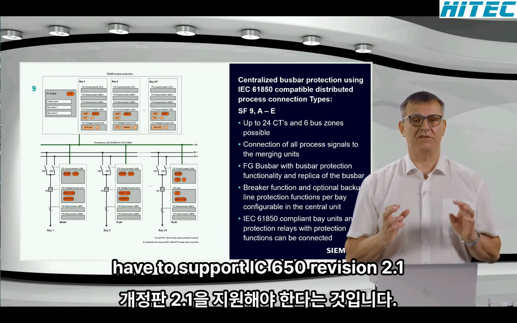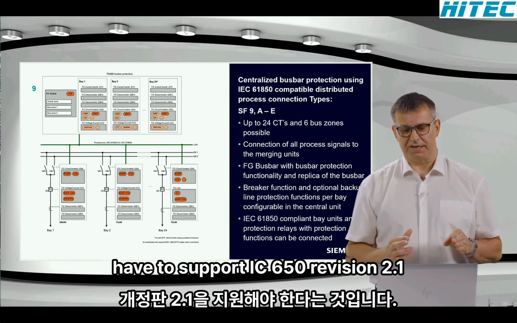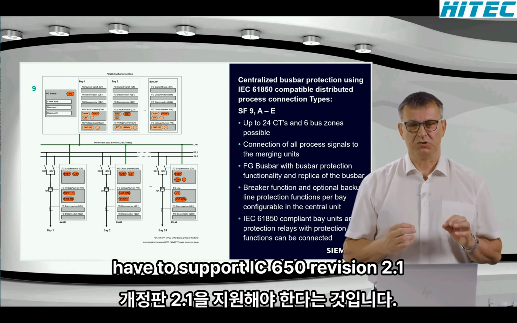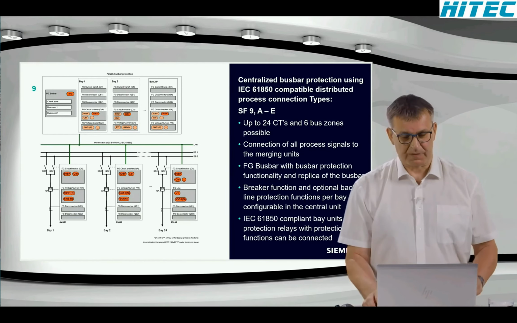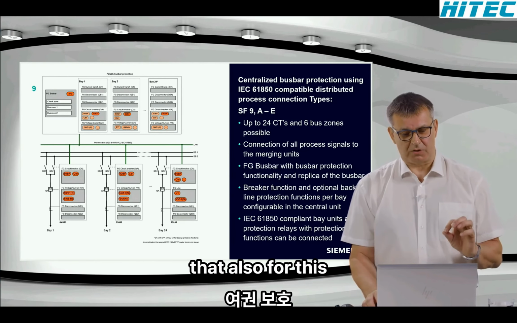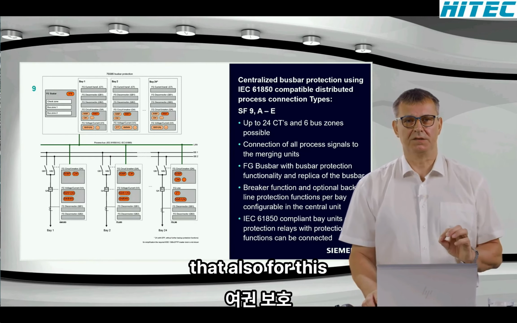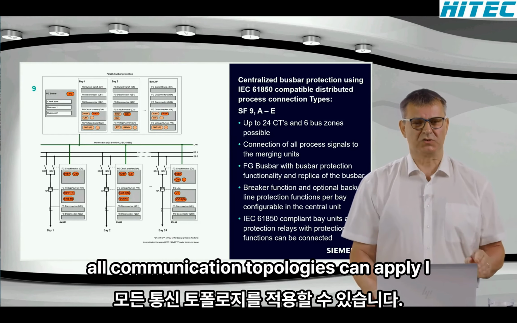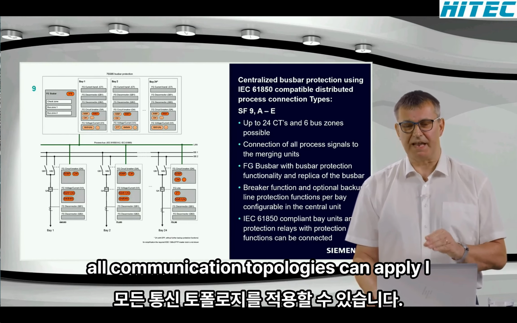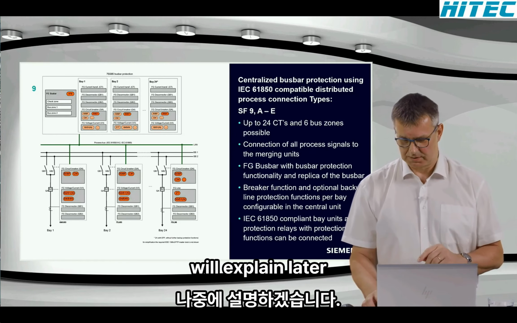Important is that they have to support IEC 61850 revision 2.1. That's essential. Important is also that for this distributed busbar protection type, all communication topologies can apply. I will explain that later.